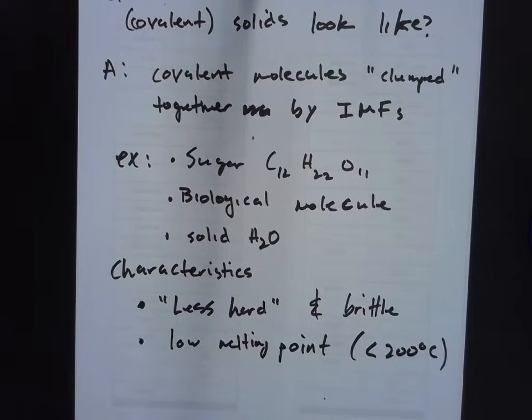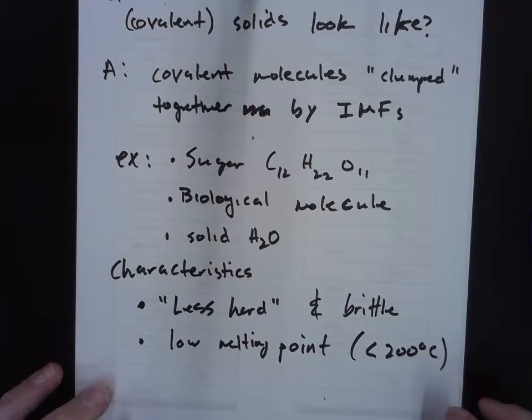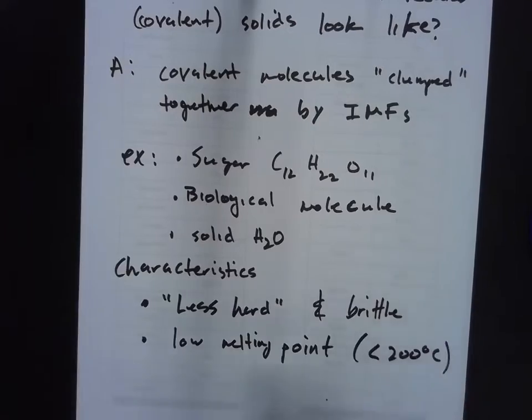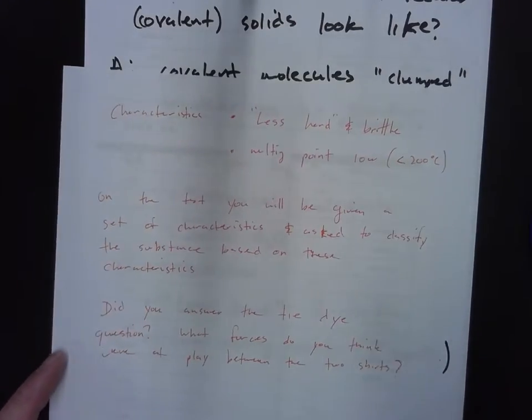Okay, so now on the test, you're going to be given a set of characteristics and asked to classify the substance based on these characteristics. I'm going to go ahead and put that here, see if you can read it.